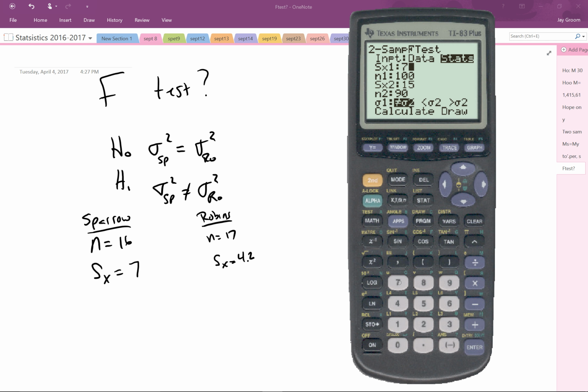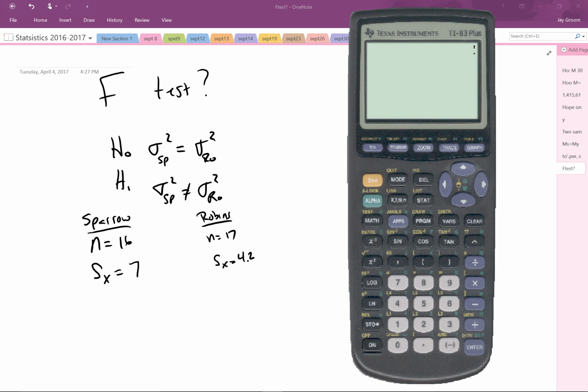So we want stats. Now, it doesn't truly matter which one's which. However, and I strongly say this, I always put the bigger one on SX1. So 7 is bigger than 4.2. That's how I'm going to do it. I do that because if you do it by hand and then check yourself on the calculator, it'll work, but you'll get a different F statistic and you're going to be all mad at yourself.